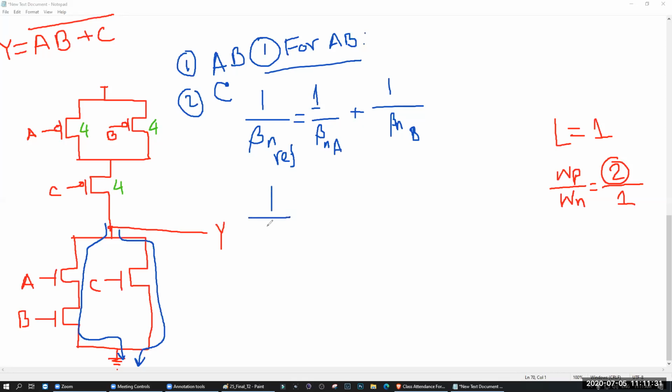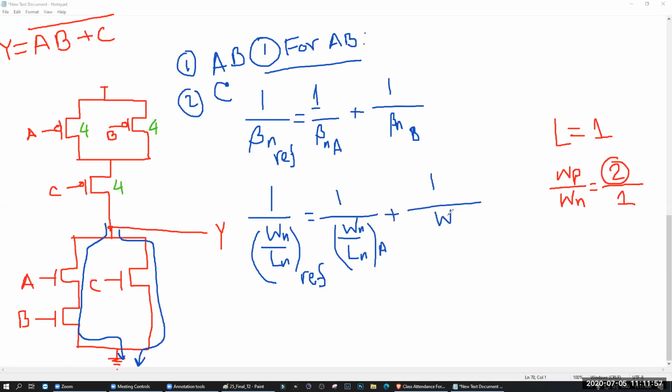Again, W by L, right? Since it is NMOS, we can write N reference equal to 1 divided by W by L, again N, this is for A, 1 divided by Wn by Ln, this is for B.